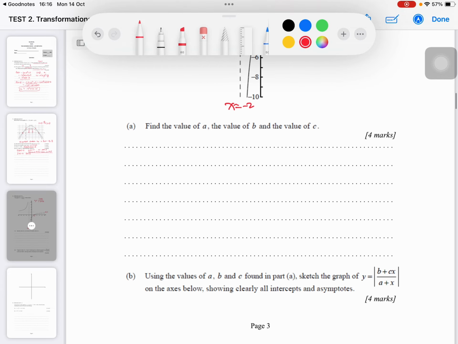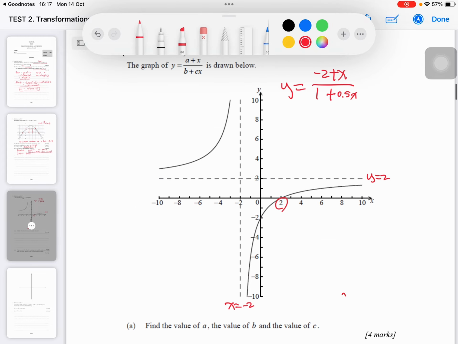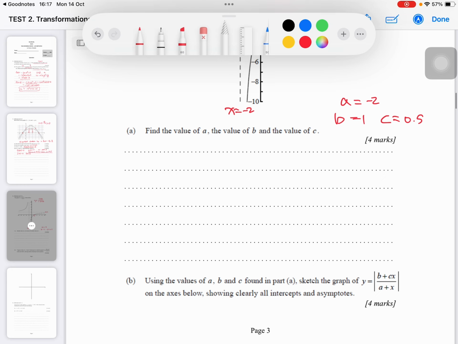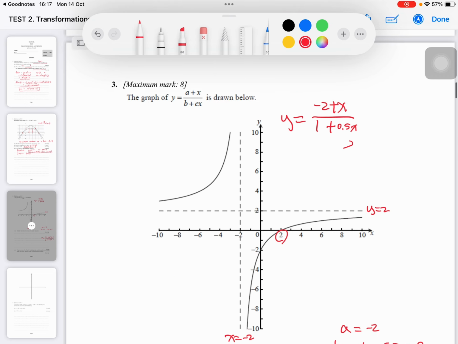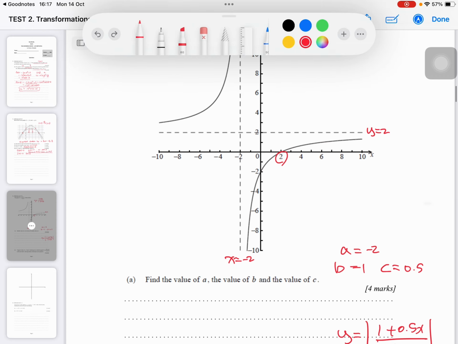So for the sketch, A equals -2, B equals 1, C equals 0.5. So now we need to sketch the graph. 1 plus 0.5x and -2 plus x. Actually, this is the reciprocal of this one, like a flip, and modulus.